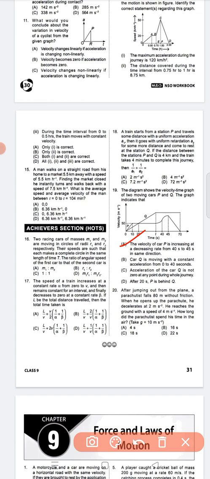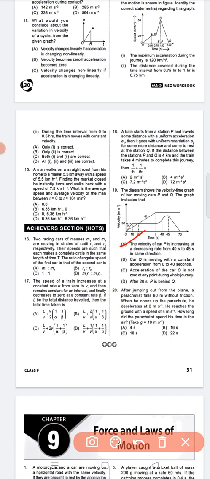So the last question in this chapter, question number 20. After jumping from the plane, a parachutist falls 80 meters without friction. When he opens up the parachute, he decelerates at 2 meters second to the power minus 2.